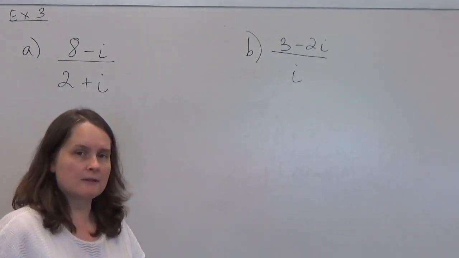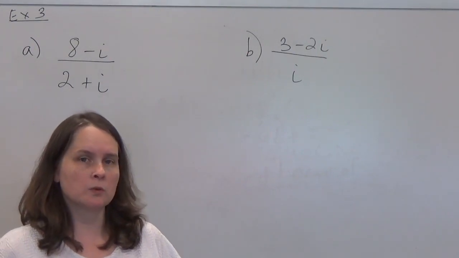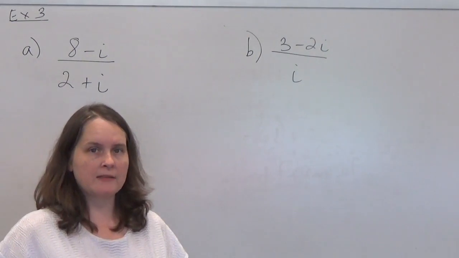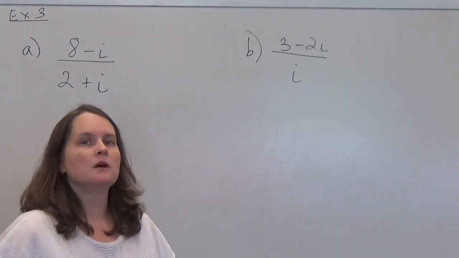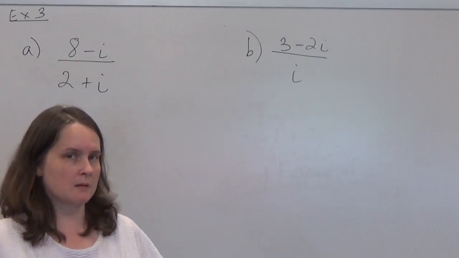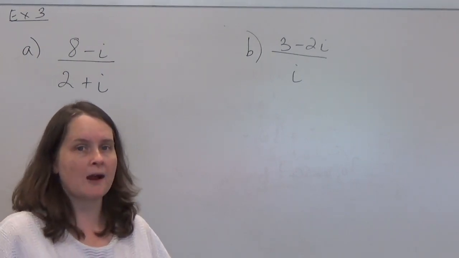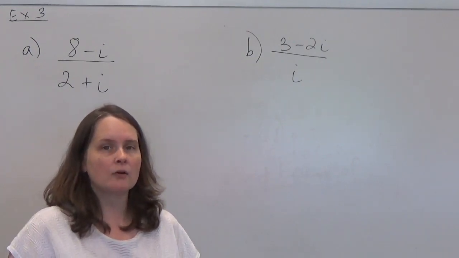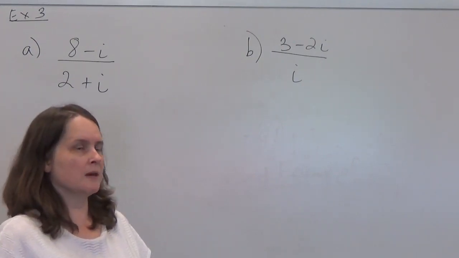But just like when we had to rationalize a denominator involving more than one term, we're going to use the conjugate of the denominator. So let's multiply the top and the bottom of the fraction by the conjugate of the denominator. And again, we do the top and the bottom, so we make sure we keep an equivalent fraction.